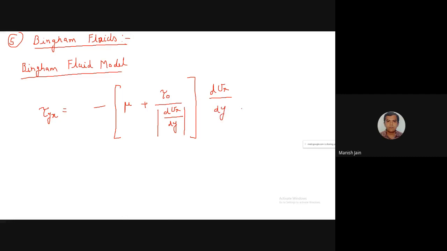This is the condition if the value of tau yx is greater than tau naught.